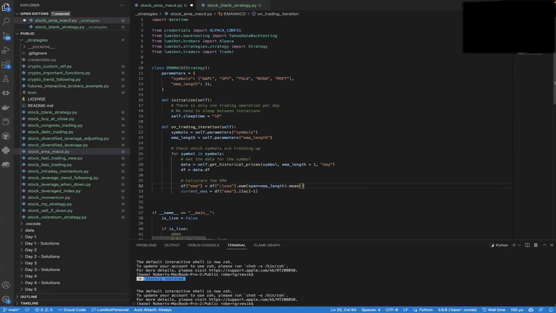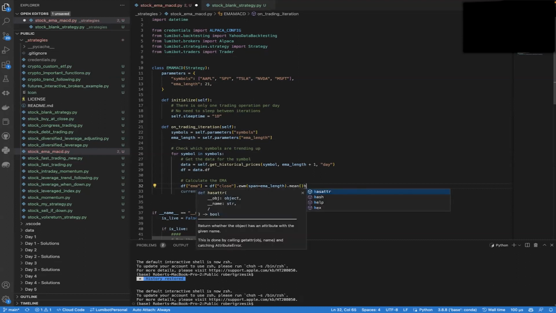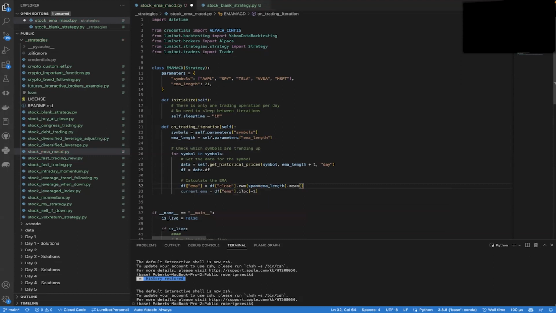For example, when the MACD line crosses the zero line and comes above it, the uptrend starts, and when it crosses the zero and goes down, it's a stop.